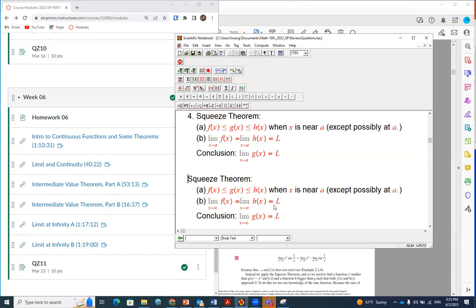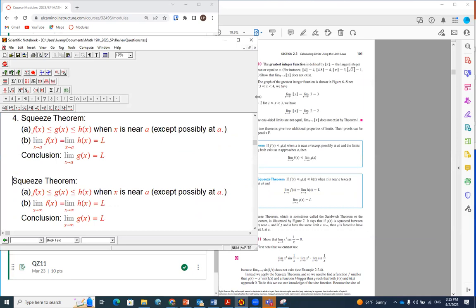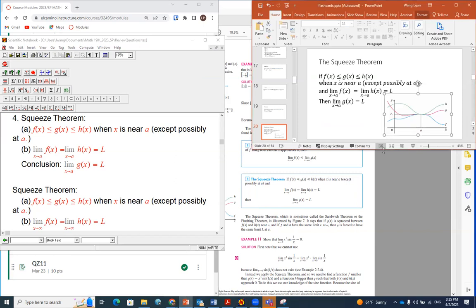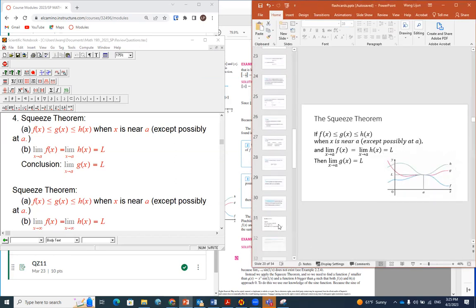Whether it's approaching A or infinity, you can apply the squeeze theorem. In the latter case, the definition of limit at infinity would apply, which means you have an interval. If approaching positive infinity, it could also be approaching negative infinity. In the positive infinity case, the interval is going to be from A to infinity. As I'm saying this, I wish to quote to you the definition of limit at infinity. So I'm going to bring this up.